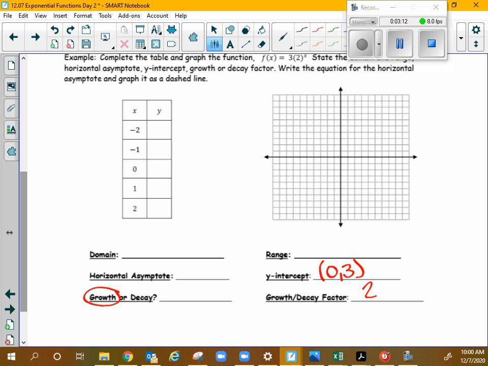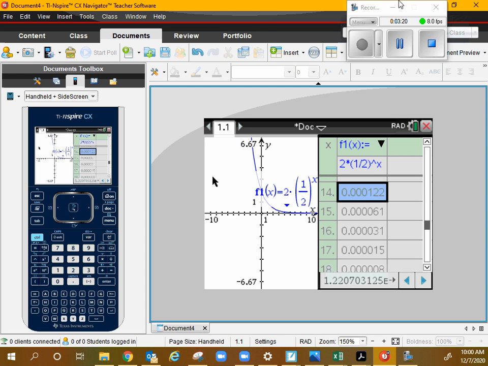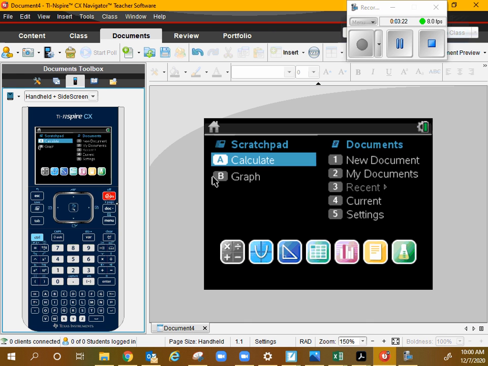All right, so now let's use our calculator to get more information. Okay, open up a new document.